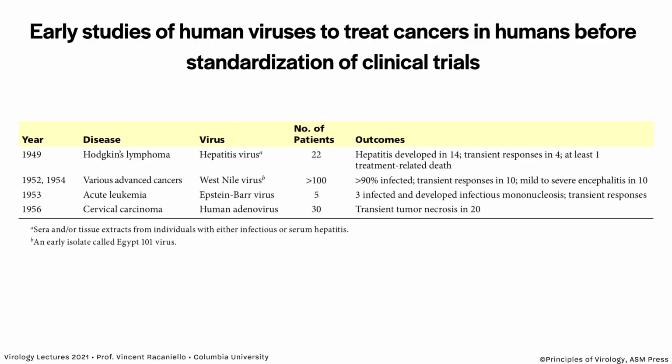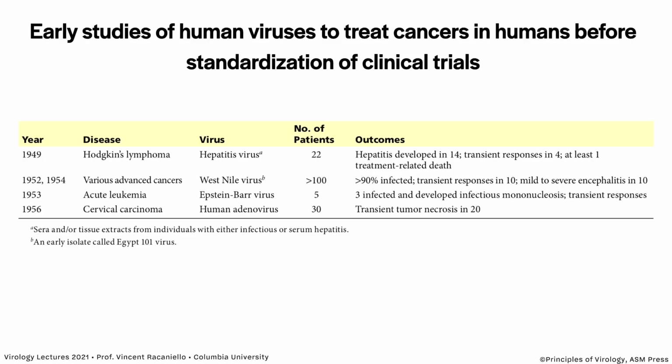Concentration of virus was typically not known, probably was different among the patients. Trial design issues like giving patients serum, saliva, or tissue extracts from people suffering from hepatitis or mumps, collecting samples from people with hepatitis, continued recruitment of patients, even if some of them die.